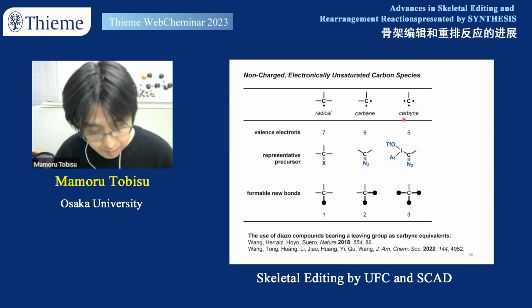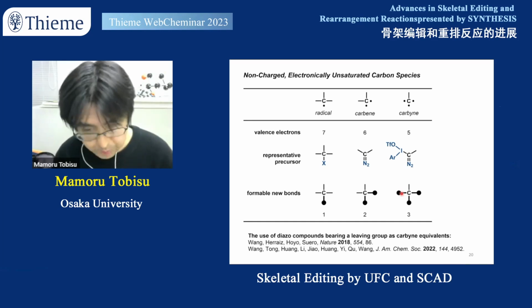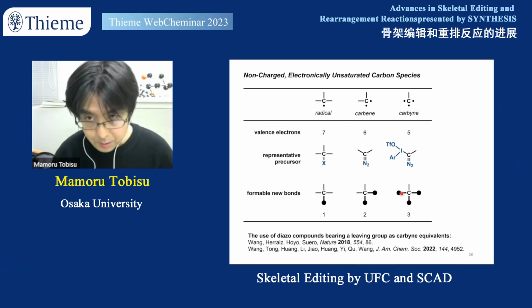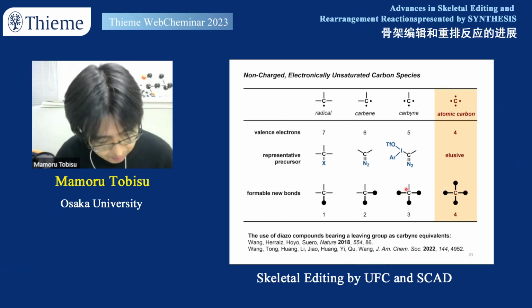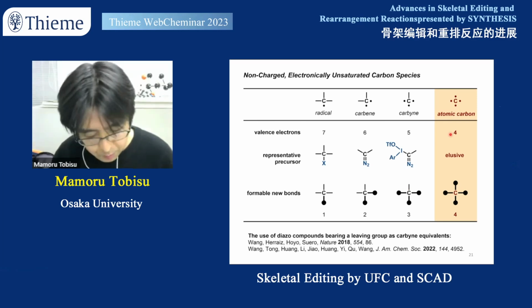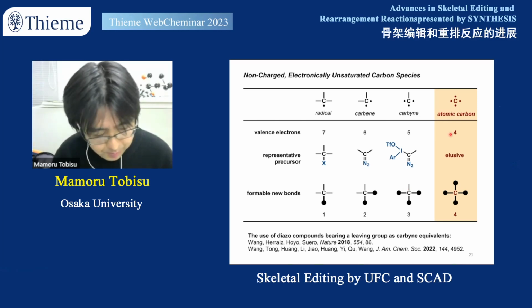In the case of carbyne, we can make three new chemical bonds at the single carbon center in principle. So in this context, atomic carbon is an attractive reactive intermediate, because we can make four different bonds at the carbon center in a single step.